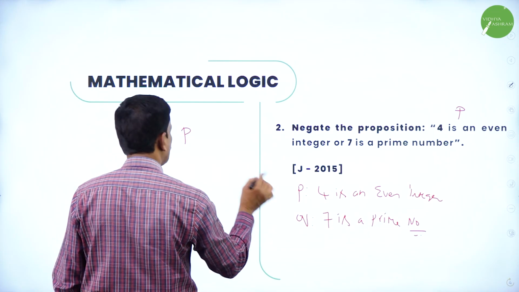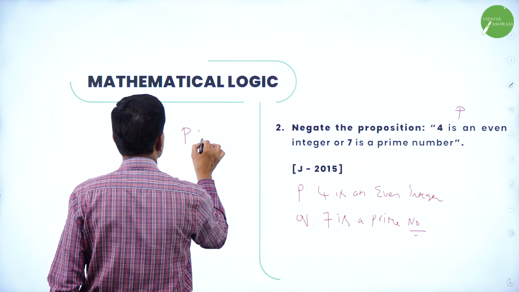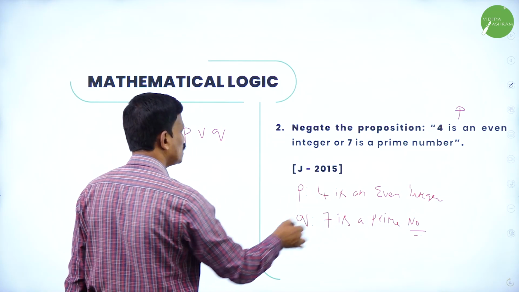P or Q means this is nothing but disjunction, P disjunction Q.